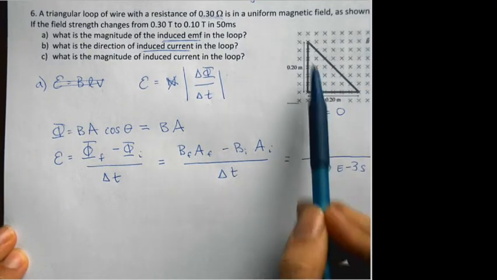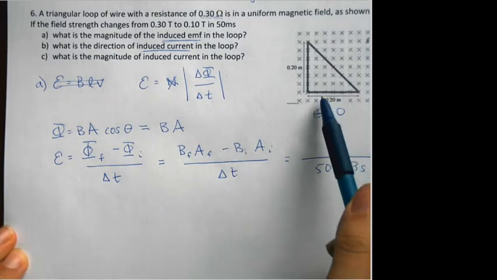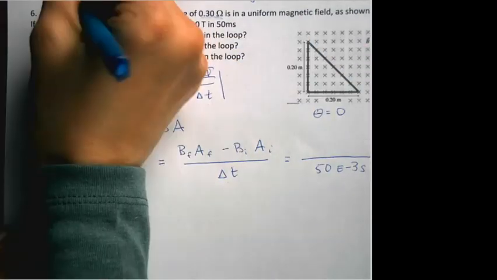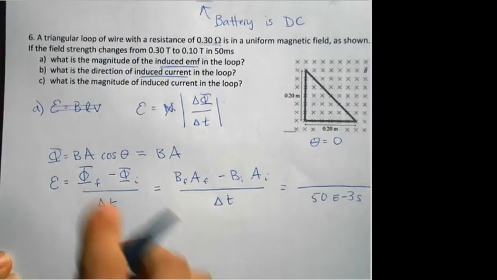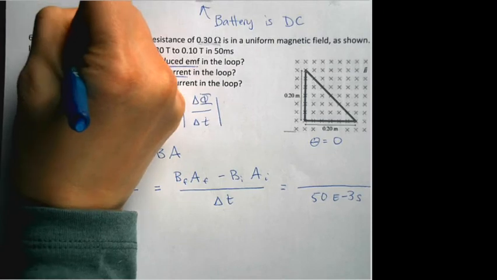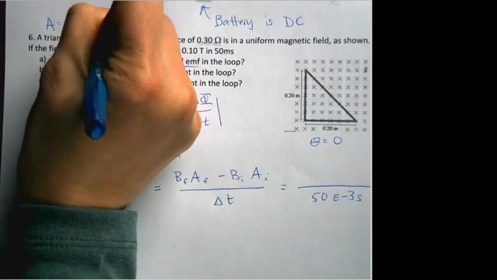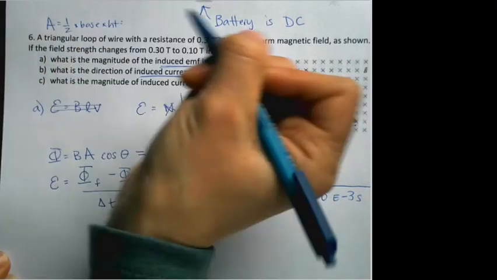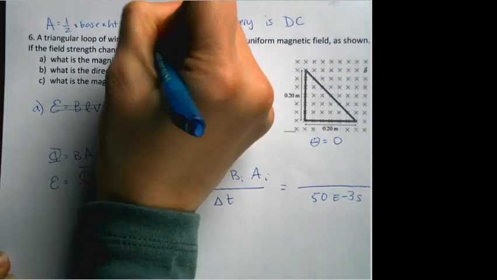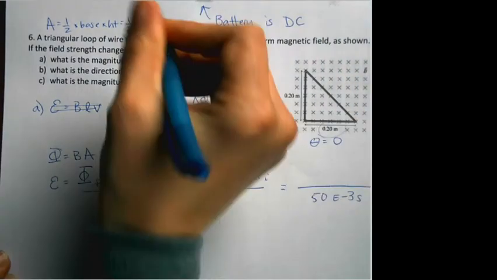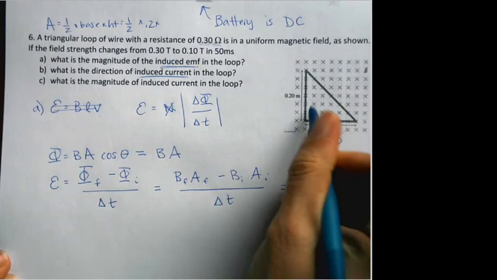This is a triangle. So the area of any triangle is always 1/2 base times height. So that is 1/2 times base is 0.2 meters times height is 0.2 meters.